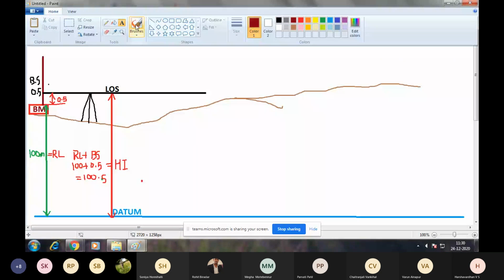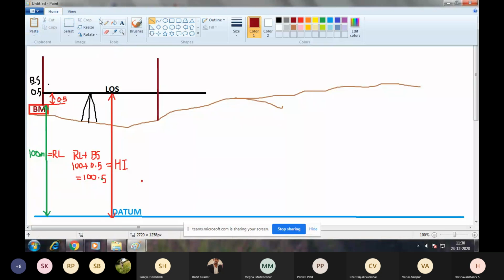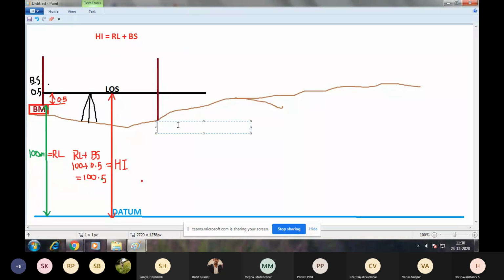Let's say this is point A. I'll hold the staff on point A, and I'm getting a reading of 1.5 meter.